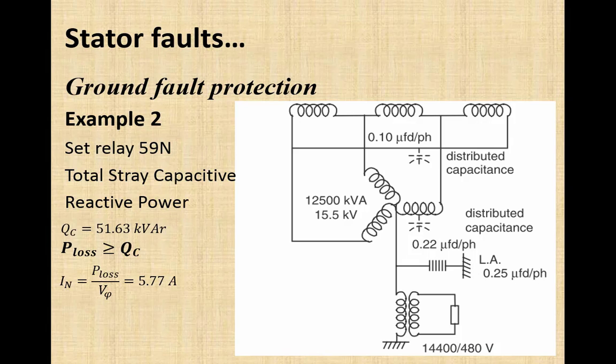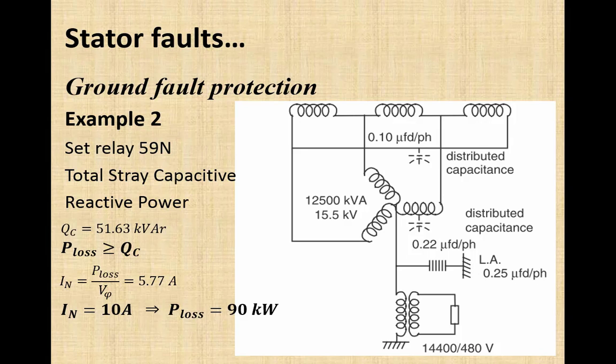But remember, we need a minimum value of current equal to 10 ampere. So that's why we will select the neutral current equal to 10 ampere. That is the lower limit of that range. According to that neutral current, the power loss in that resistance will become 90 kilowatt, and it has been calculated by multiplying this neutral current with the line to neutral voltage, the phase voltage.